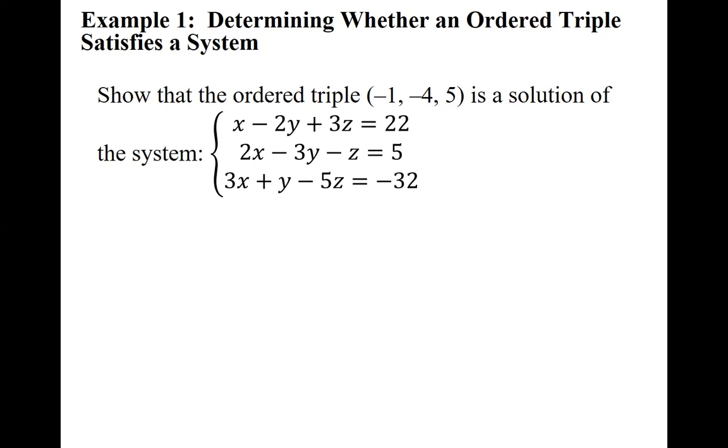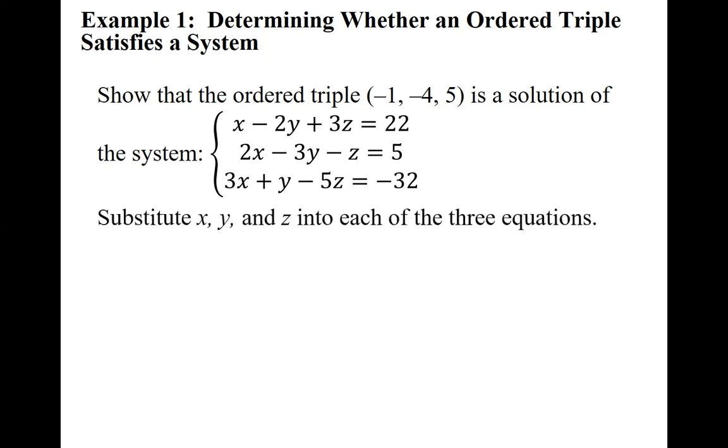We have to plug -1 in for x, -4 in for y, and 5 into z for each of the three equations. We almost hope that it's not a solution, because that means maybe the first one or the second one won't be true, and then we don't have to go any further. So let's make our substitutions.